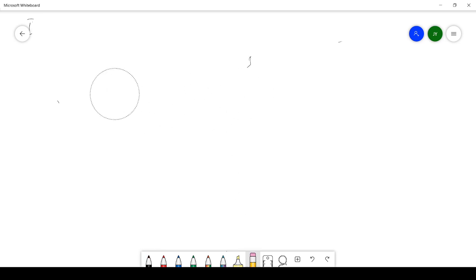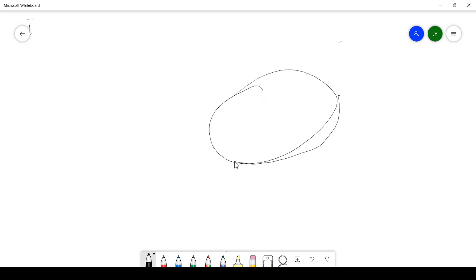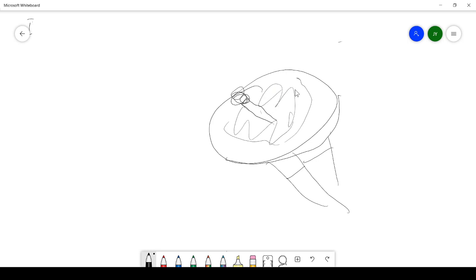Let's try drawing it. You ever seen those things hanging out the roof of someone's house? They look something like this. It's like a cup kind of, and then they have this middle antenna sticking out in the middle. You probably have seen it.